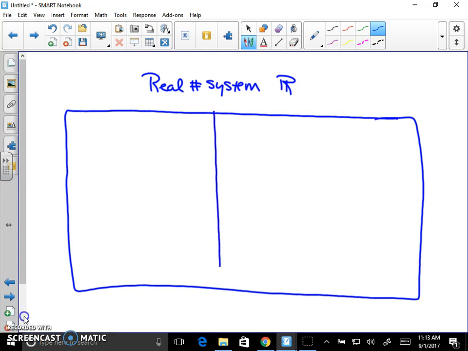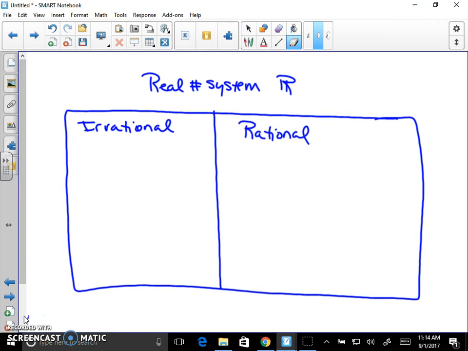And we could say irrational or rational. Let's change those colors. We'll say irrational would be, let's make that one red.